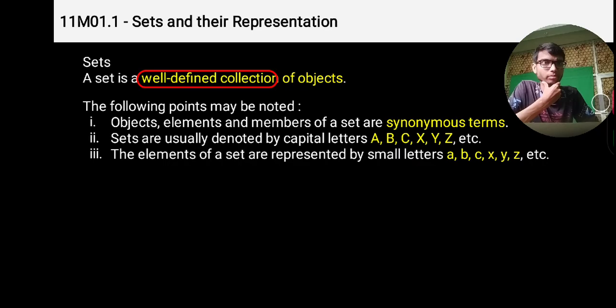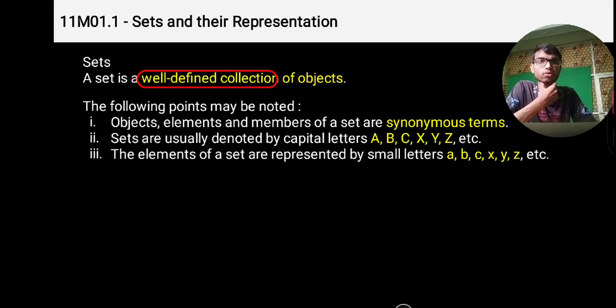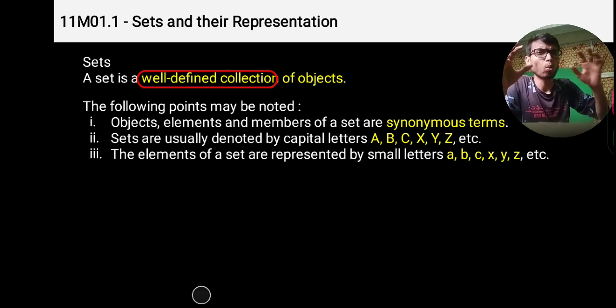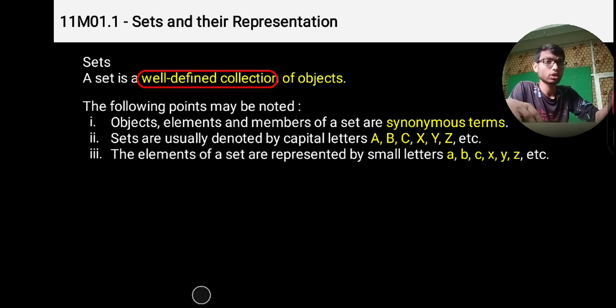Next, the elements of a set are represented by small letters. The third statement is saying that whatever are the elements in a set should be represented by a small letter. As you can see, a, b, c, x, y, z, all these are elements.